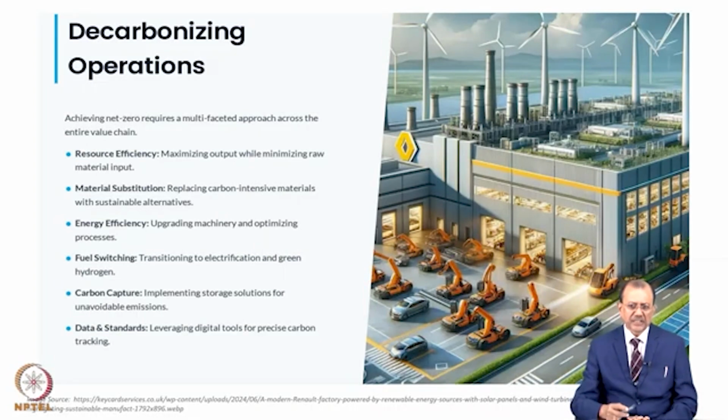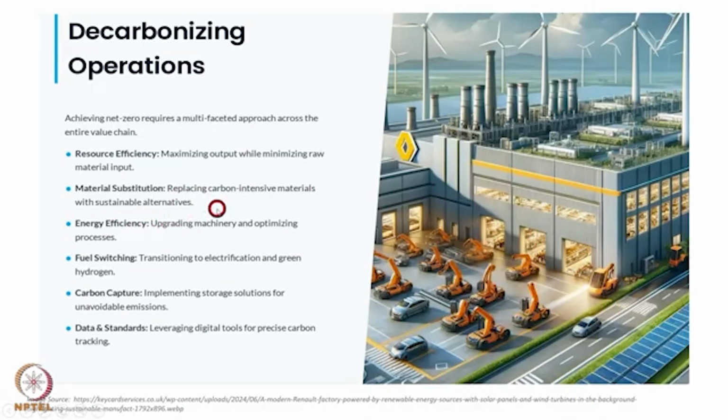So a lot of successful implementations have been done across the industry, which have resulted in resource efficiency, maximizing output while minimizing raw material input. Material substitution, replacing carbon-intensive material with sustainable alternatives. Like we can see that coal is being replaced by solar energy.